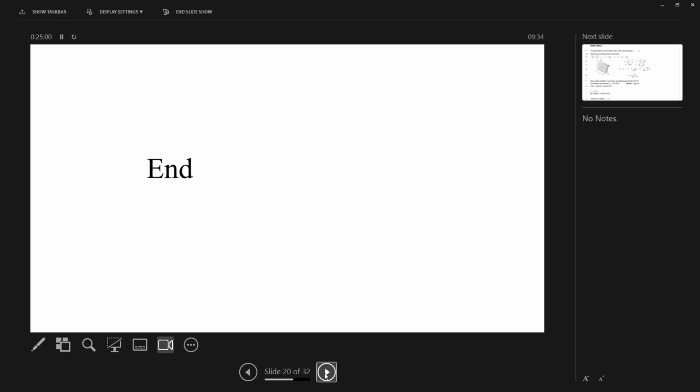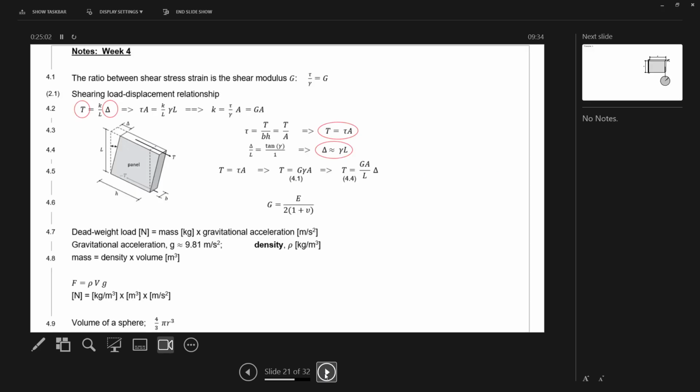Right, that's the end. Well, not quite. This is my notes, what you should have written down today, at least. The only thing, what is the volume of a sphere? I don't expect you to know that, right?